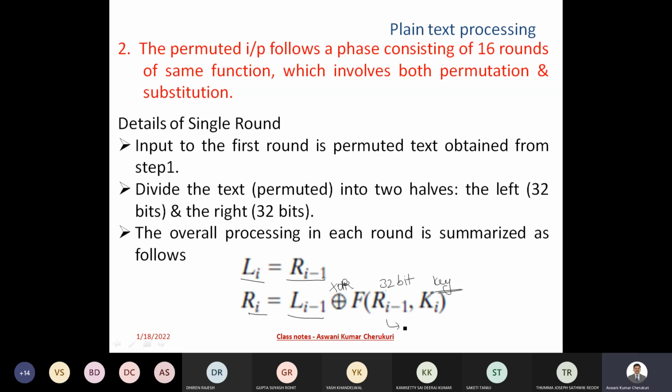These include substitution and transposition. This is represented as a simple mathematical representation. Let us take a scenario and explain how it is done.